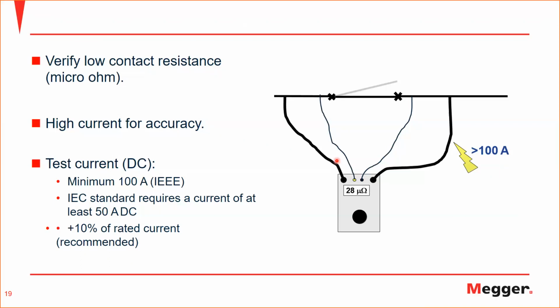So for GIS systems, it is a little bit tricky, and you need to make sure that the current you are injecting is not, for example, feeding into your CT and operating any protection that is active, or any breaker failure, so you don't operate the whole busbar.